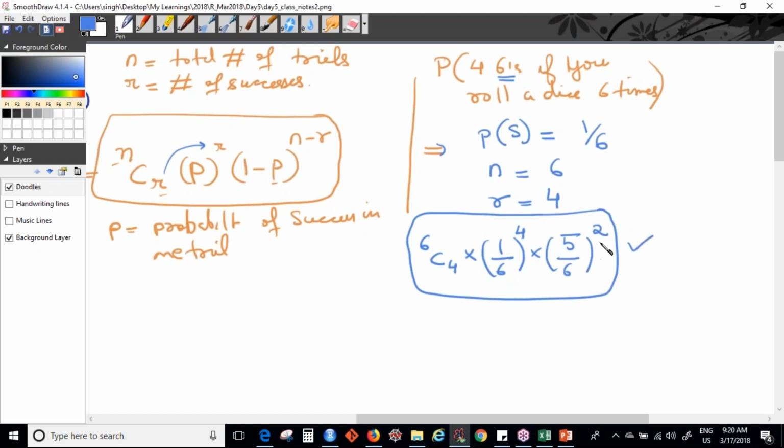You can only use the binomial formula to calculate that. So 6C4 (1 by 6) to the power 4 into (5 by 6) to the power 2 is the correct answer. So this is how you will use the binomial theorem to answer questions like this.